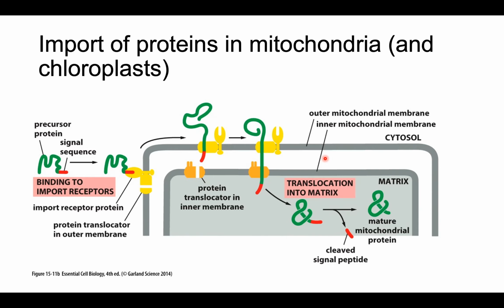So kind of similar recognition mechanism for mitochondria and chloroplasts. However, instead of still being bound to the ribosome, these proteins, these precursors over here, have some kind of signal sequence. This sequence is going to bind to an import receptor. And because we have this double membrane in these organelles, we have a translocator in the outer and in the inner membrane.